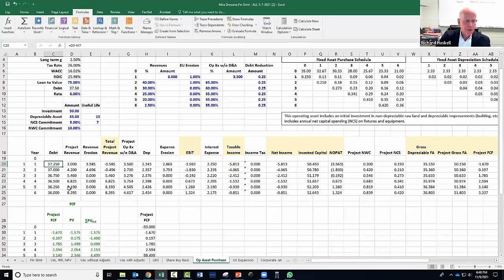Now the prior year debt is the original debt, so D9, the original debt, now subtracting the debt reduction of 0.25. So we're down to 37.25 in debt, or 3,725,000. We were at 3,750,000.